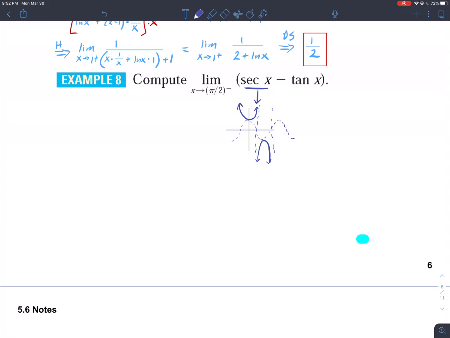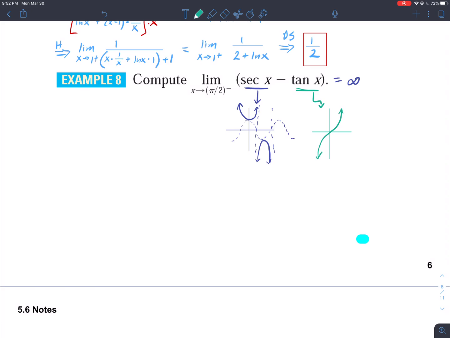But as x approaches pi over 2, that's where this first asymptote is right here. So as x approaches pi over 2 from the left side, secant, we're talking about this branch right here, approaches infinity. All right, so we are looking at infinity there. And then the tangent graph is a little easier for students to memorize. Generally, students don't forget that.